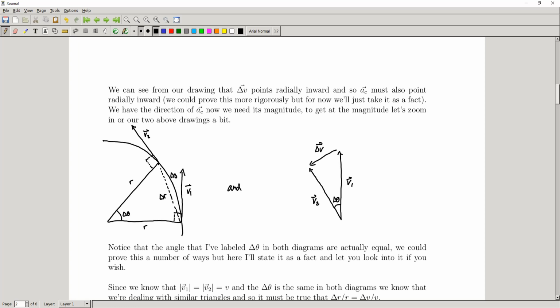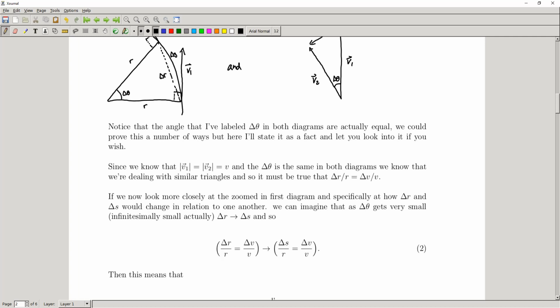So the smaller delta theta gets, the closer delta R gets to delta S. So you can imagine that we crank this angle back, and our delta R is getting closer and closer to delta S, and as we get to infinitesimally small delta thetas, our delta R really does go to delta S. They become the same thing as delta theta becomes infinitesimally small.